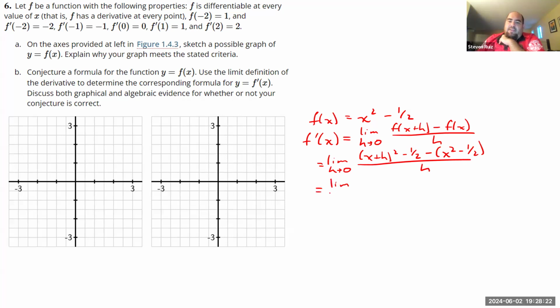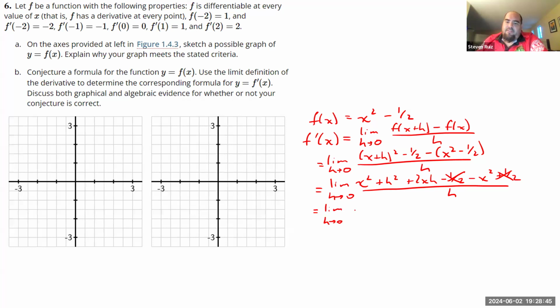So I get the limit as h approaches 0, and now I'm going to start expanding some of these brackets. x squared plus h squared plus 2xh minus 1/2 minus x squared plus 1/2, all over h. Very conveniently, I get my 1/2 to cancel. So what's the limit I'm left with? x squared plus h squared plus 2xh all over h.